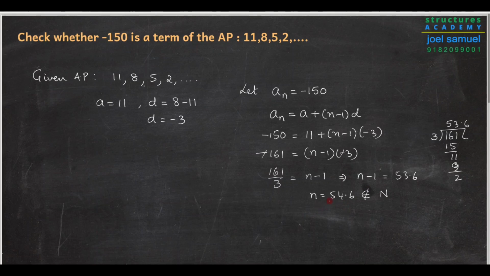The term must be the 54th term or 55th term. It cannot be 54.6. So therefore our final answer is, minus 150 is not a term of the given arithmetic progression. So that is your answer.